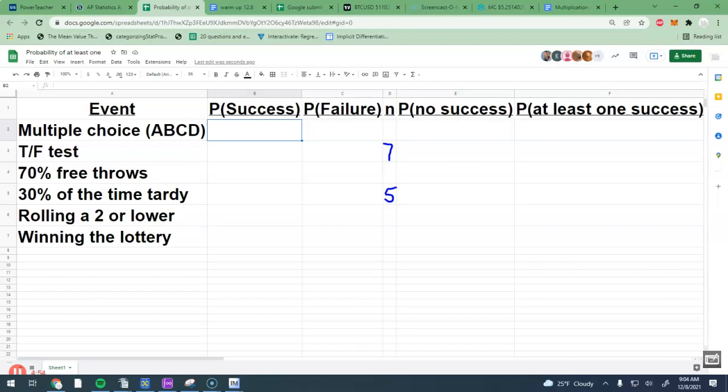Today's lingo. On the fourth question, is success defined by being tardy? Oddly enough, yes. Okay.